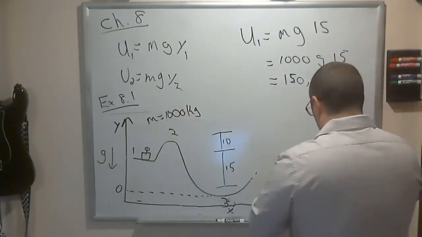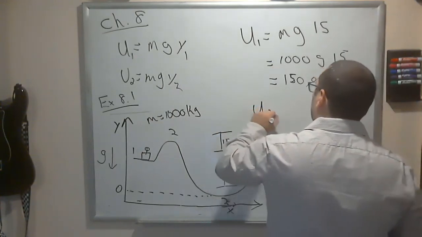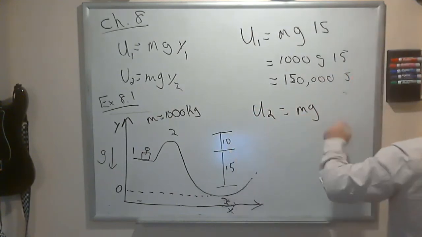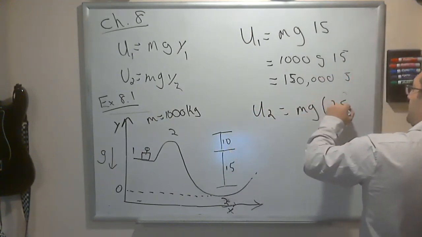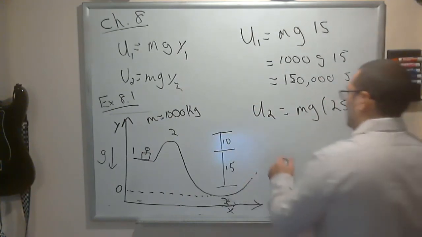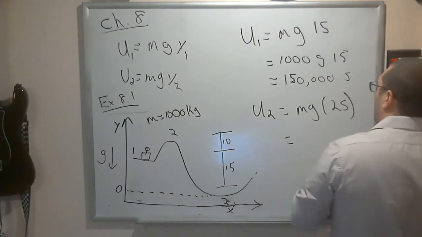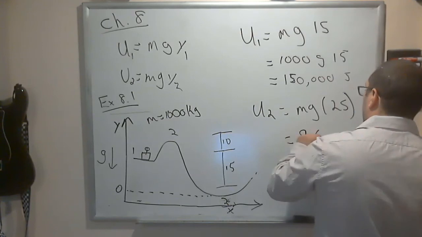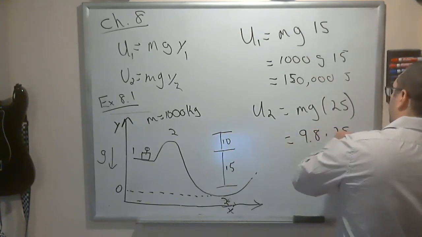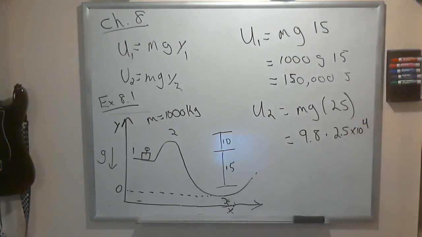Now, U2, the potential energy at 2, is equal to mg times 25, right? 15 plus 10. And then we could do the math from this. 9.8 times 2.5 times 10 to the 4th, and we could calculate that.